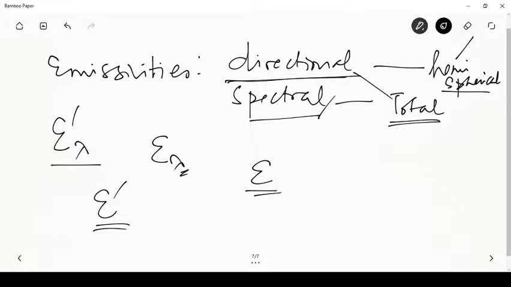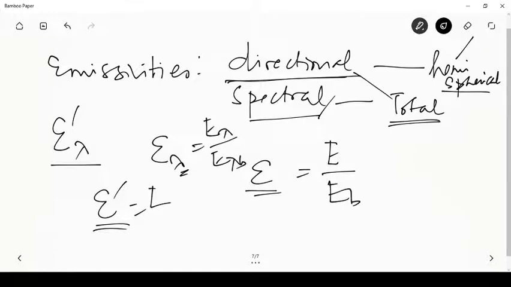So what are the things? This is going to be equal to E divided by E_B. This is going to be E lambda divided by E lambda B. This will be E prime divided by E prime. Oh, sorry, this will be directional, so it has to be intensity.